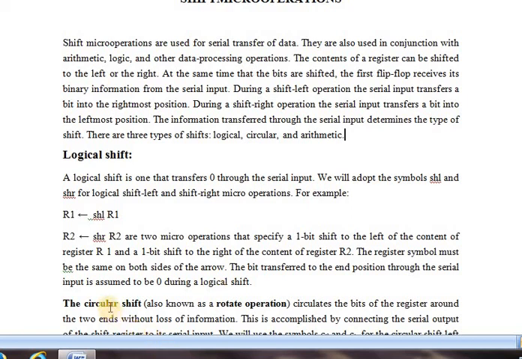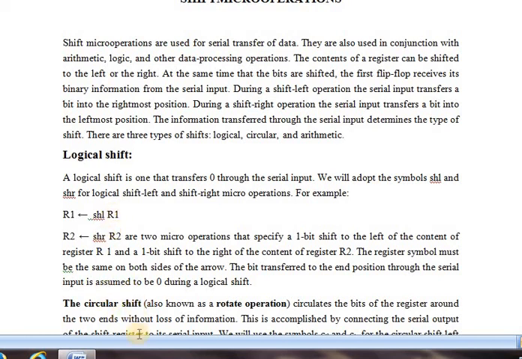Next we will see the circular shift. The circular shift, also known as the rotate operation, circulates the bits of the register around the two ends without loss of information. It shifts around both ends, not a single end. If we use shift left, it works in only one way, either in the right direction or in the left direction.